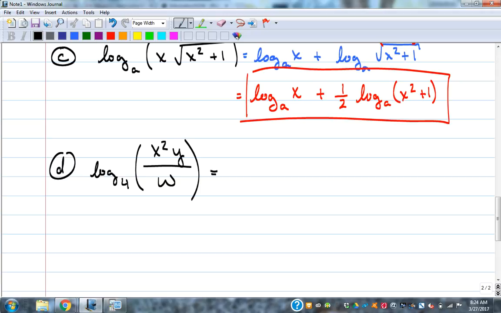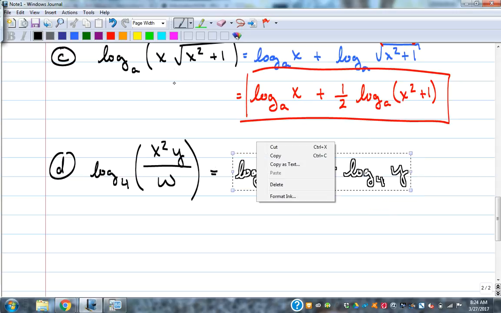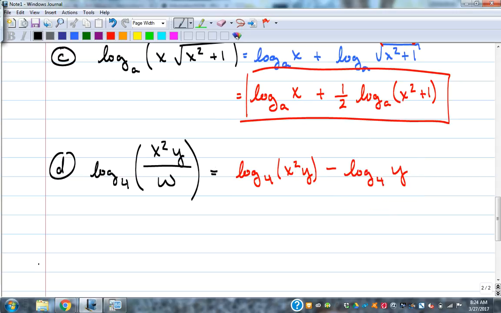So let's change it so it turns to subtraction: top minus bottom. Thank you. All right, and then can we expand any of those? The first one is multiplication inside, so we can make it addition.